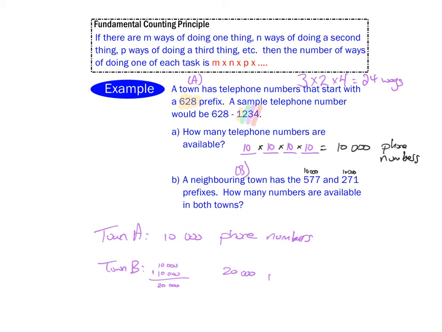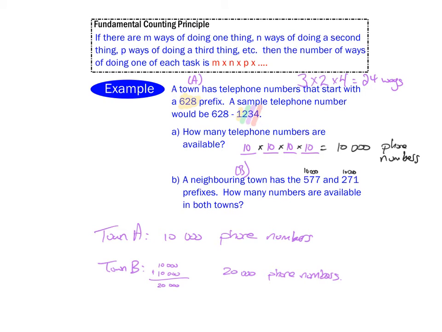So there's 20,000 phone numbers in town B. 10,000 in town A, 20,000 in town B. Of course, if the question asked us how many phone numbers in total are in the 2 towns, we would just add those together, and we would get 30,000. It doesn't, so we'll just leave it with the number in each individual town.